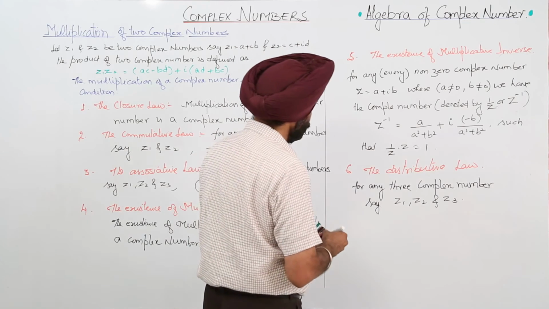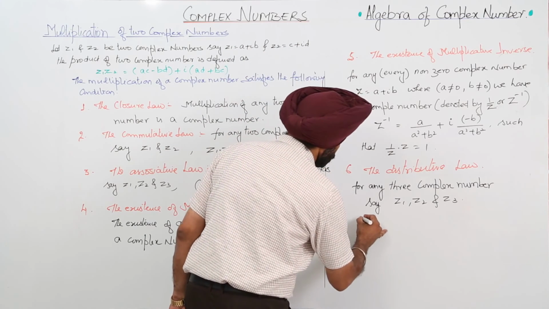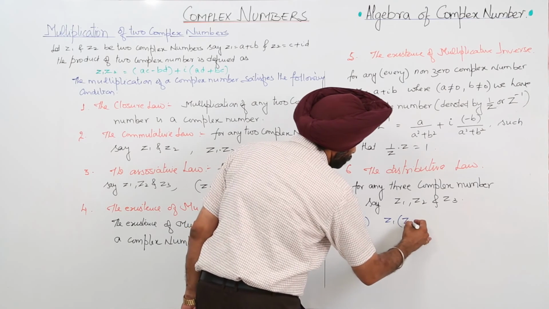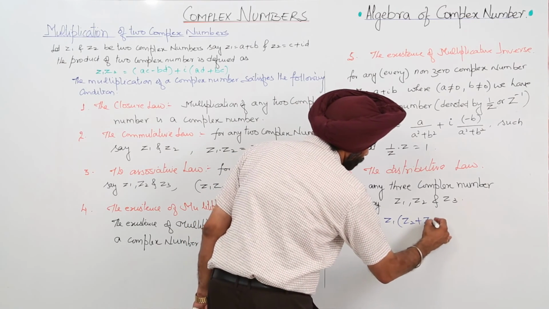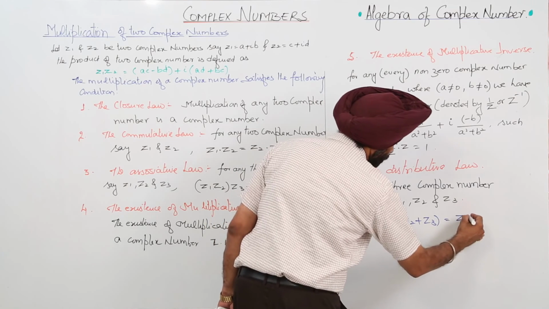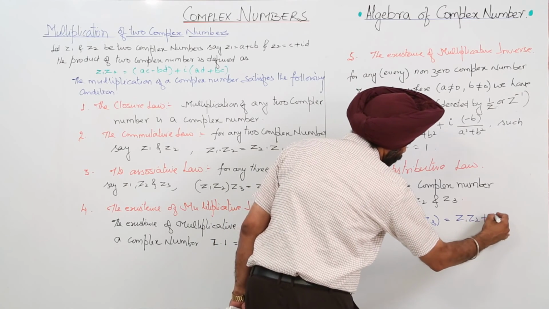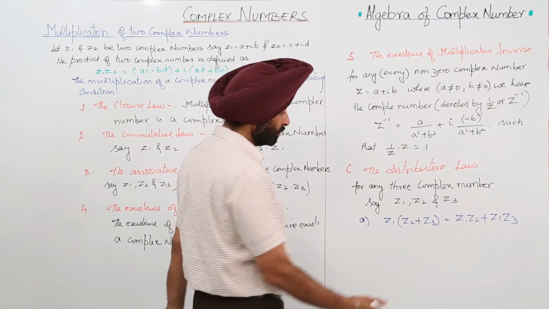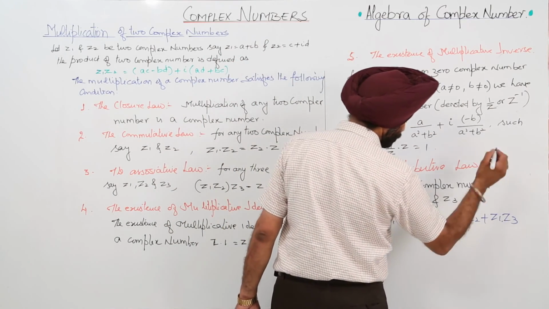We can write A: Z1 with Z2 plus Z3. What will the result be? Z1 times Z2 plus Z1 times Z3. Simple.